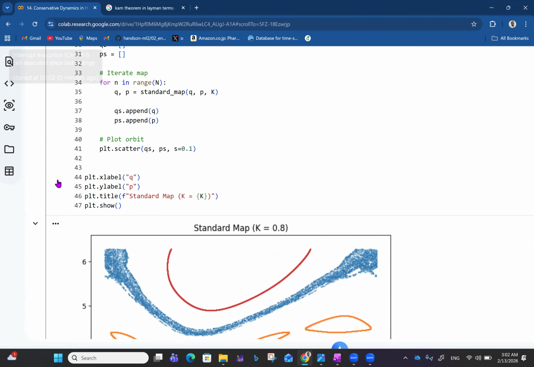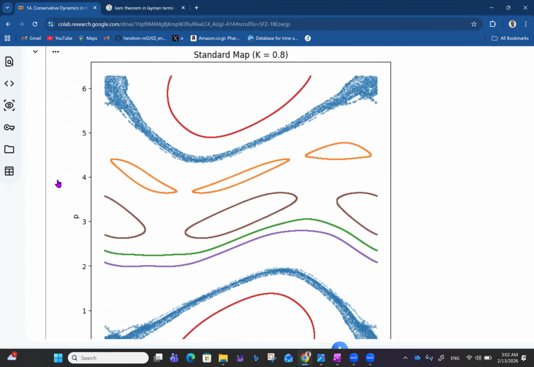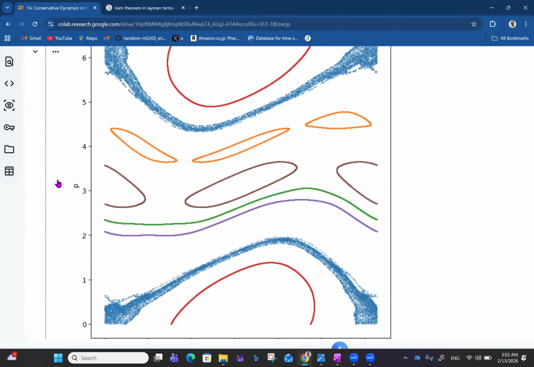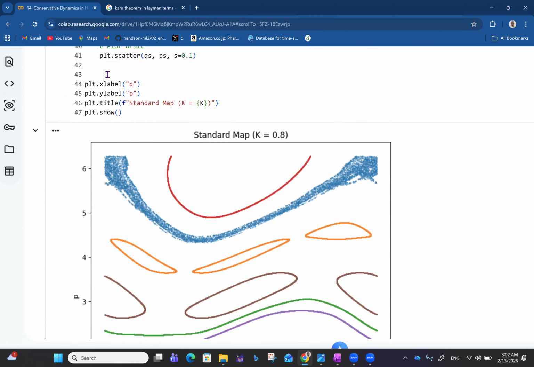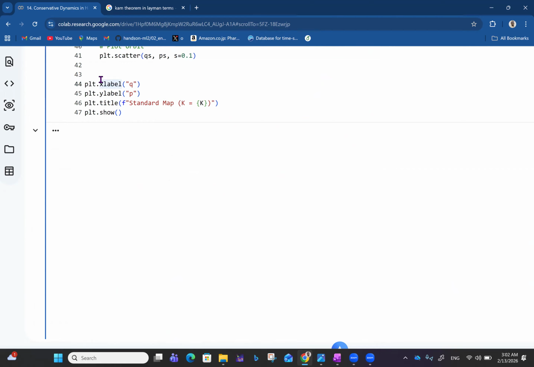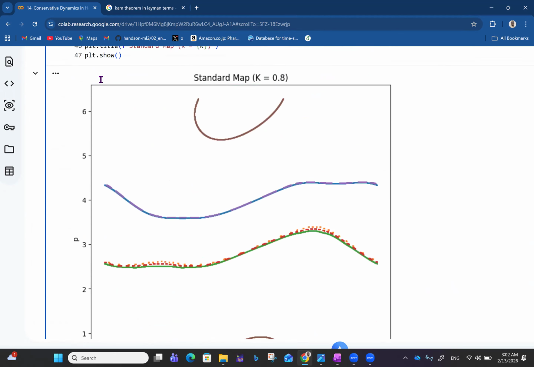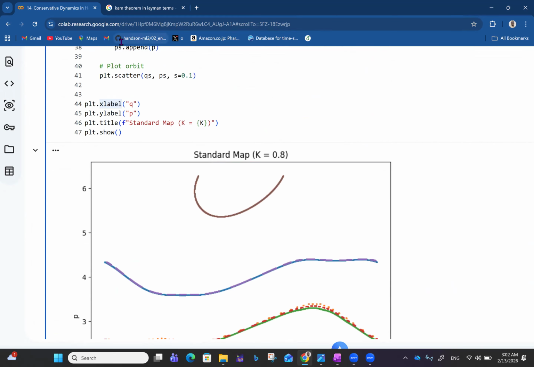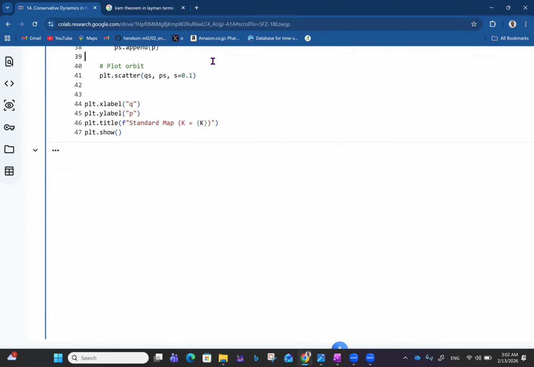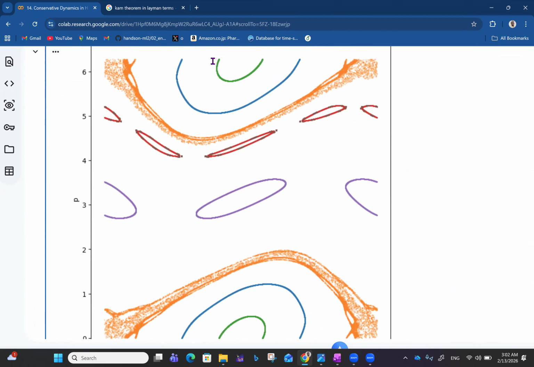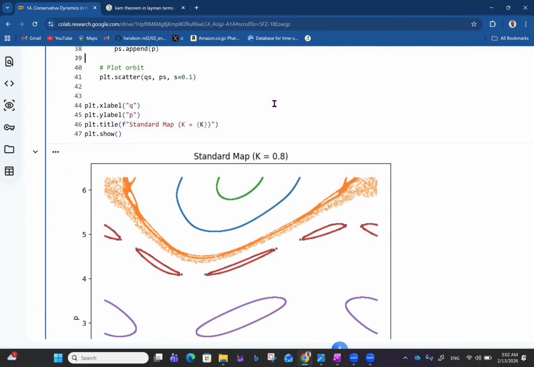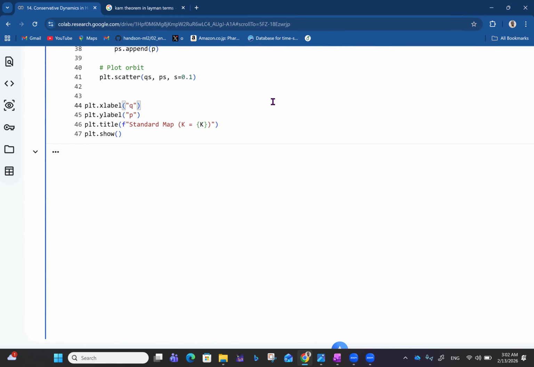So we run that, and see what happens for K equal to 0.8. As we keep running, it keeps changing in structure somehow. But of course, it's possible to fix it. This is 0.8.